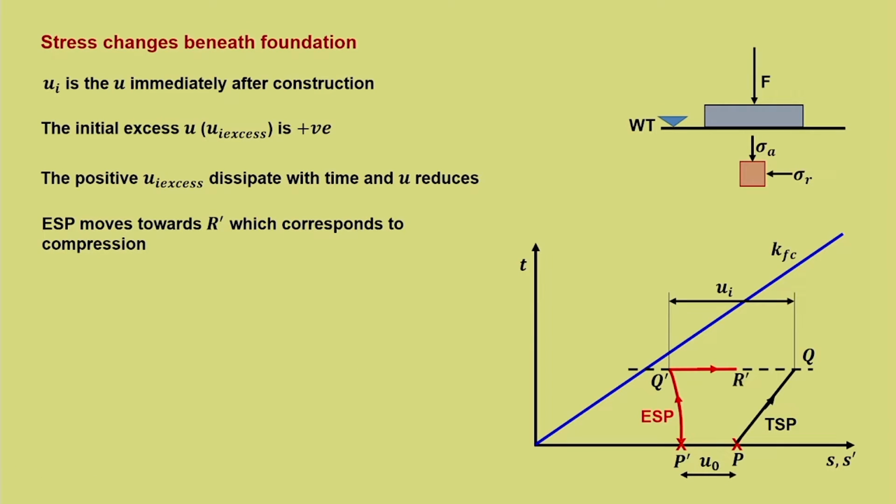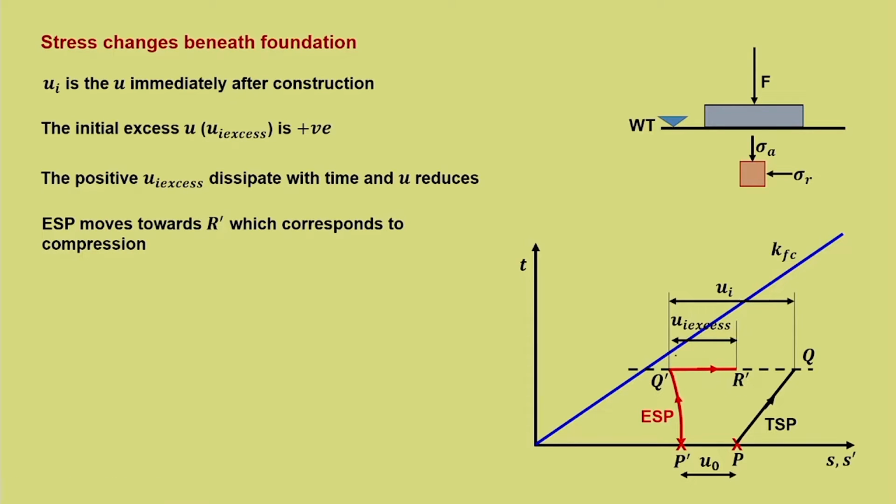that is given by R dash, because there is no more shear stress getting added, as the foundation load has been fixed, that is the maximum, that is Q dash. But because of reduction in pore water pressure, that gets affected in S dash. So, now you can see why the initial pore water pressure at the end of the construction period comes down.